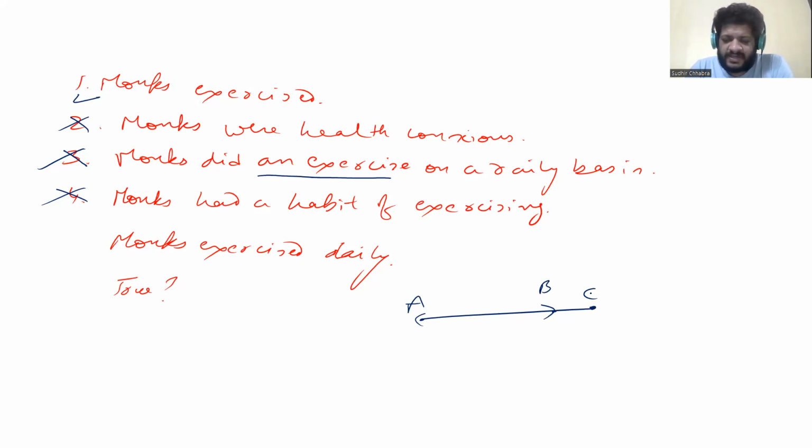Now the second question that you might get to see is the inference one, where you have to actually derive a result. Like, what does the author suggest? What can be inferred? What is implied? All these terms suggest implied, inferred, assumed, and all.